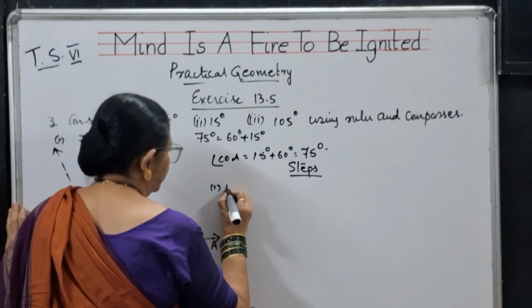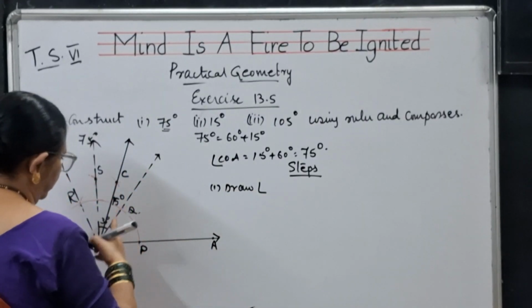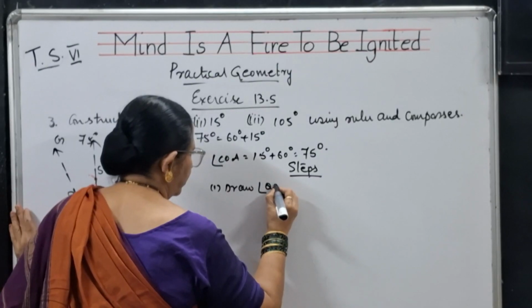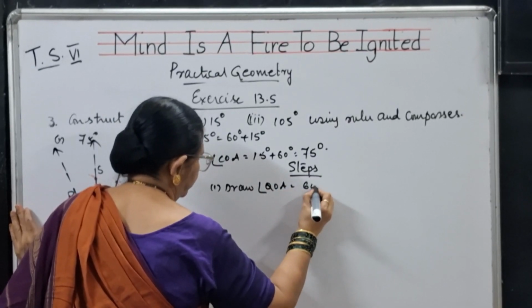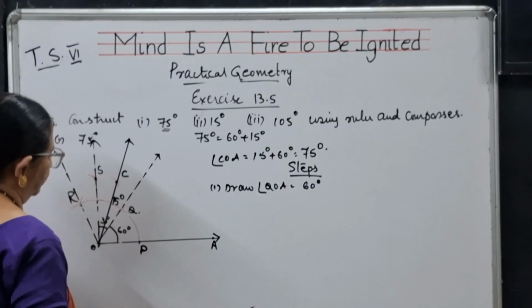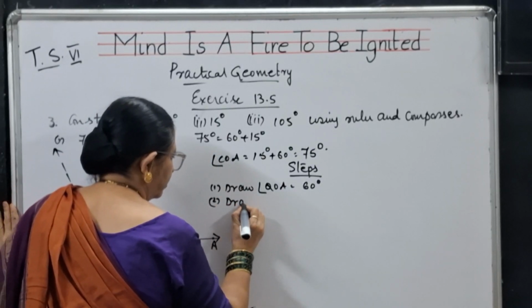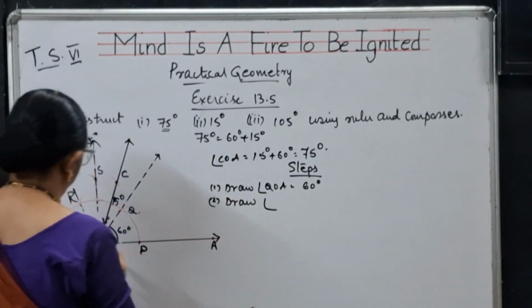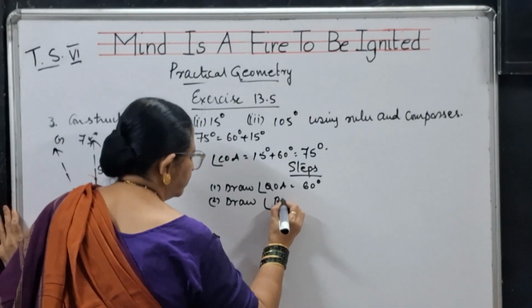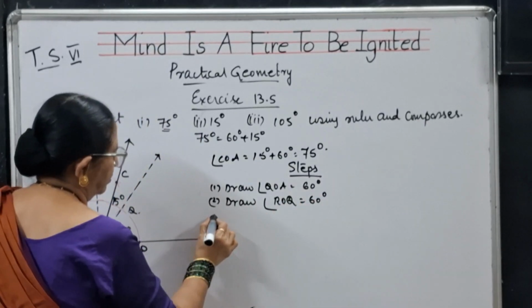First one, draw angle QOA equal to 60 degrees, we have drawn. And second one, draw angle ROQ equal to 60 degrees.